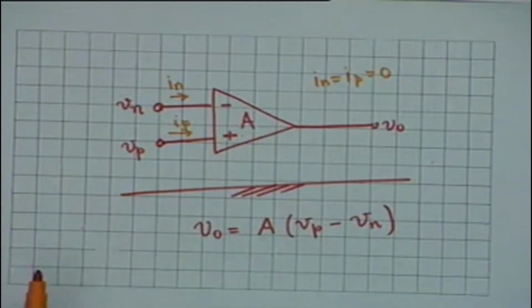It means that from whichever input terminal you look into the amplifier, you face infinite resistance. Ideally, this should be the case, and a real op amp chip is not far from this ideal. Typically, the input resistance is of the order of a meg, 10 to the 6 ohms.